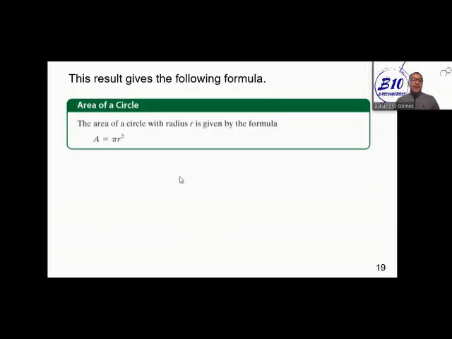And the formula is this: pi times radius to the power of 2. So this is the area. Notice that it is different from the circumference, as the circumference is pi times 2 times the radius.